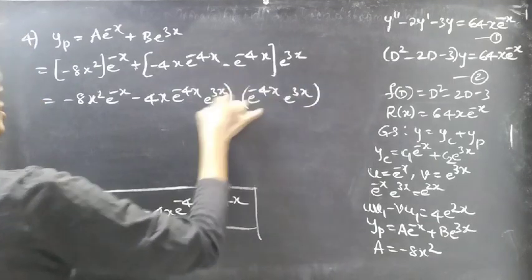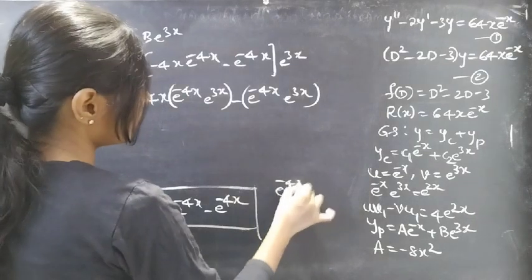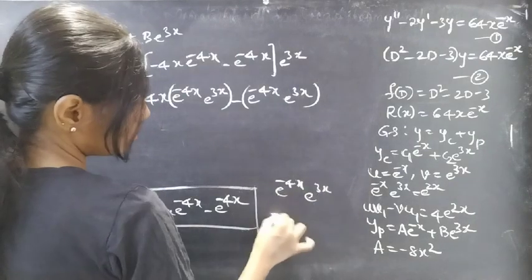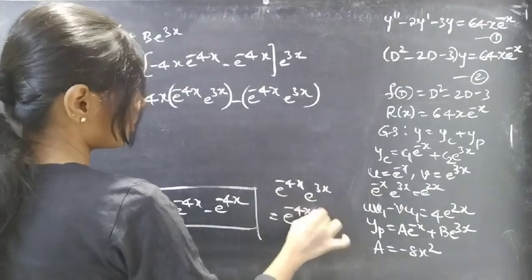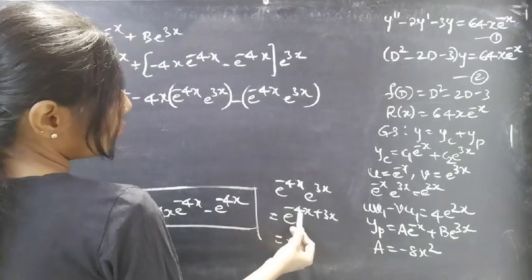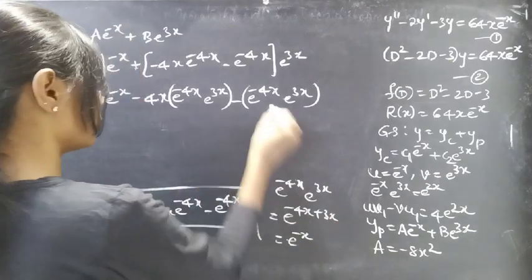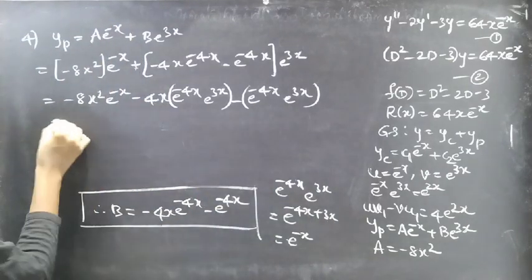See, e power minus 4x into e power 3x is repeating twice. We can write e power minus 4x into e power 3x as e power minus 4x plus 3x, right? This is equal to e power minus x, since minus 4x plus 3x is minus x. So let's replace this term with e power minus x.